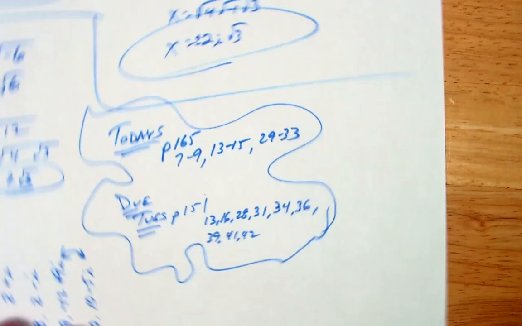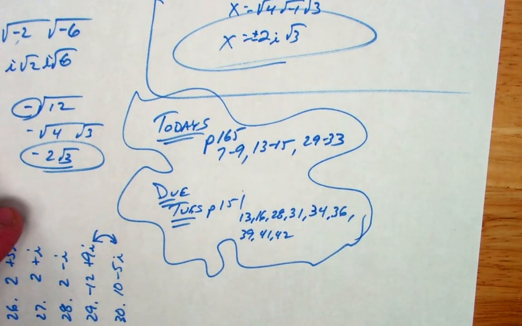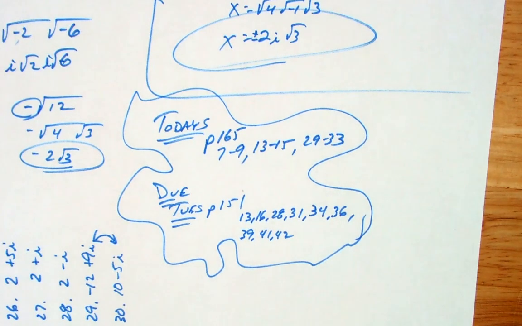So here we go. We have 2 things. The top one's due Monday. There's only 10 problems. The bottom one is a review assignment that is due on Tuesday.